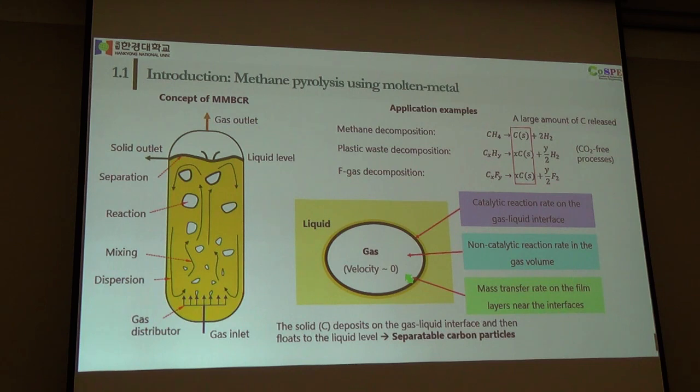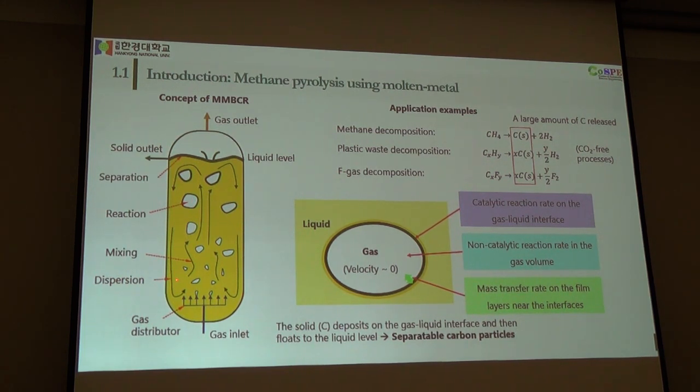In the bubble column reactor, because of the very complex mechanisms between the liquid, gas, and the interface, in order to design this reactor we need to analyze the hydrodynamics, including the mixing and the reaction inside the volume and on the surface.